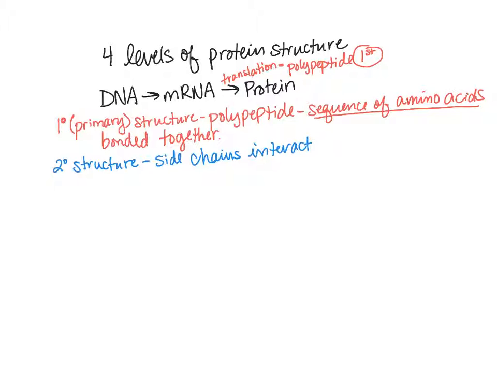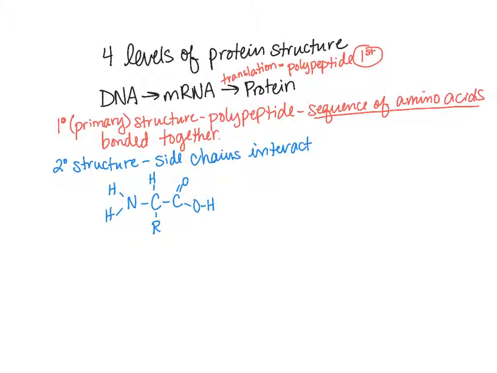And remember, if we look at the general structure of an amino acid, we've got this central carbon that has a carboxyl group attached to it. And then on the other side of that central carbon, we have the amino group. And then we have a hydrogen coming off of that central carbon.